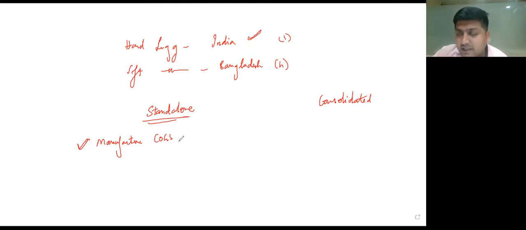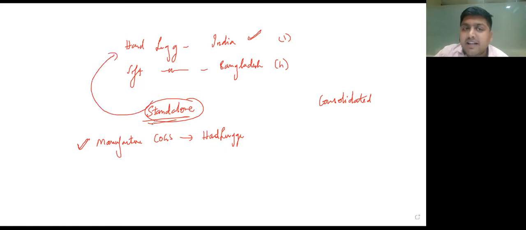So manufactured COGS in case of standalone will correspond to hard luggage COGS. Why? Because standalone means India, and India manufactures only hard luggage, which means manufactured COGS is going to be hard luggage COGS. What happens to traded COGS now? What would this include?